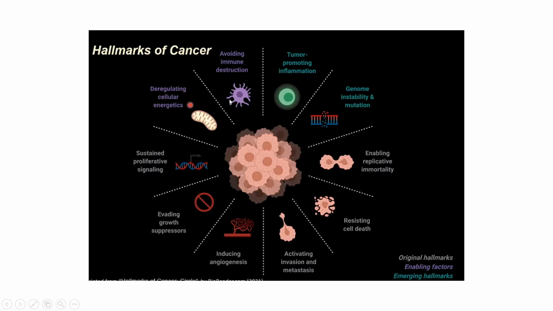Avoiding immune destruction: the immune cells will be specifically trained so that they will not be able to kill the cancer cell. And tumor promoting inflammation: immune cells will be trained so that it will lead to further proliferation of immune cells by releasing certain factors. So multiple things are accumulated to promote the cancer.